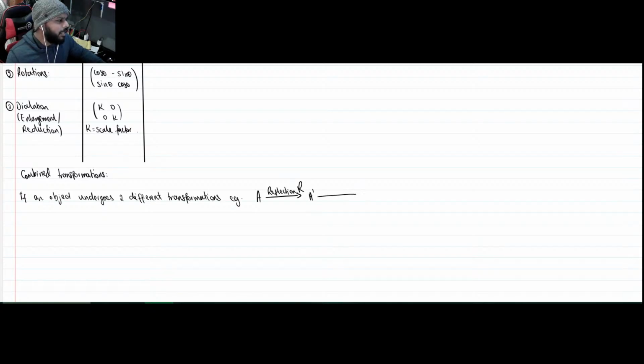And then I pass A prime through, I don't want to use rotation, let me say we pass it through an enlargement.